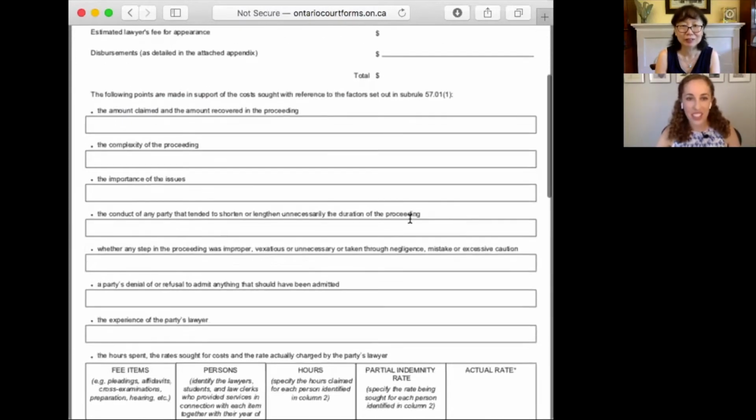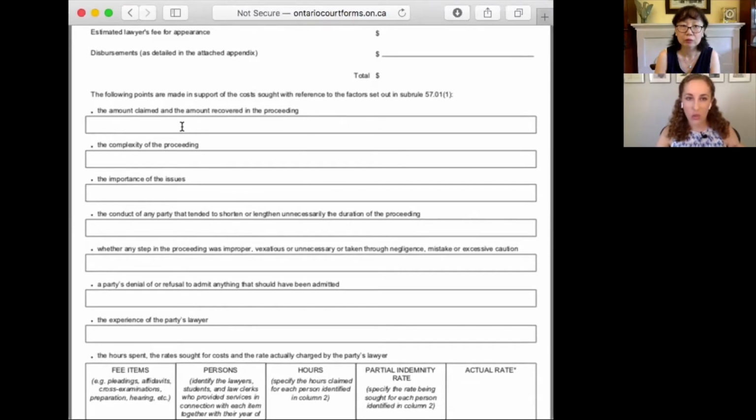This is really simple, because as long as you copy the form, you're going to be in a great position. So keep this line. And now in the space provided, you would answer the bullet points.